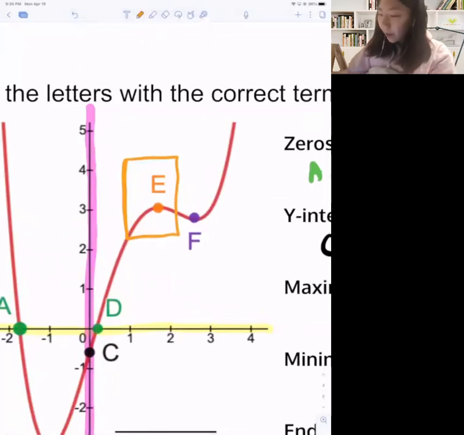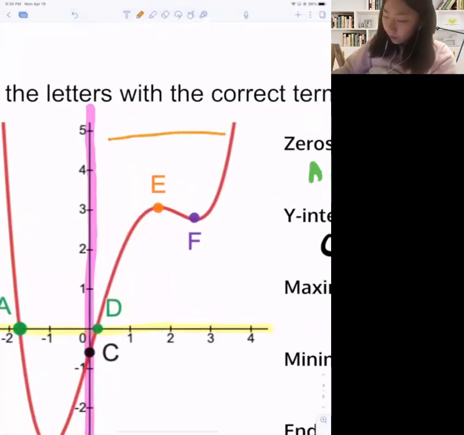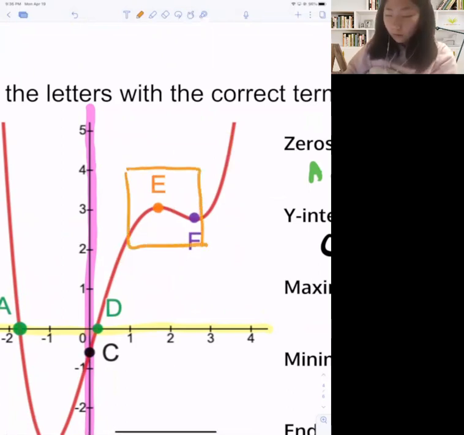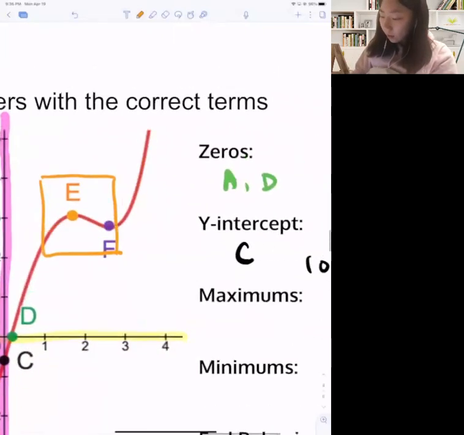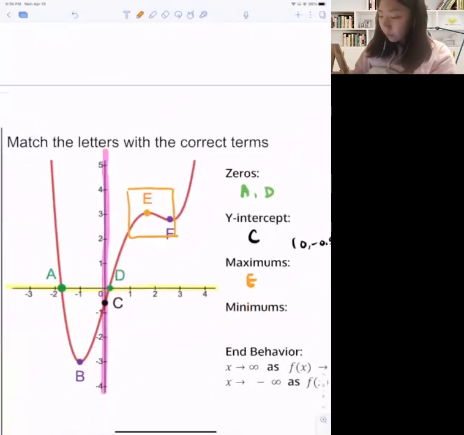You can see compared to other points within this region, this is the highest point that I can see. That's why E is the local maximum.